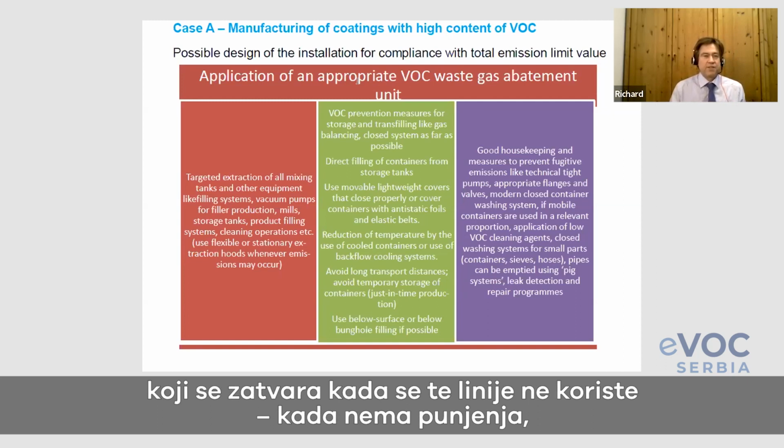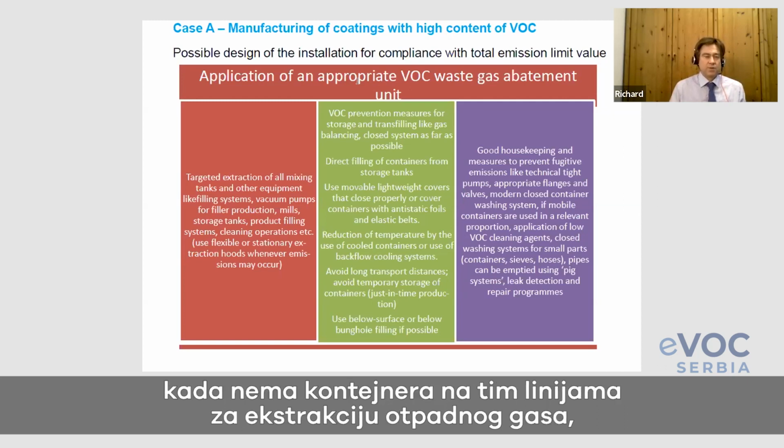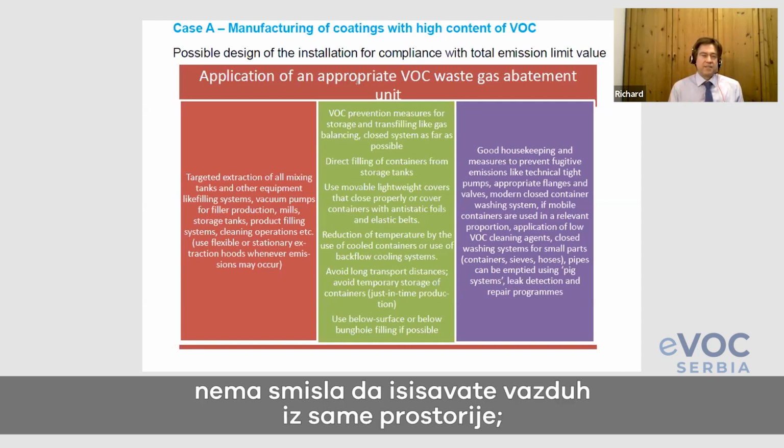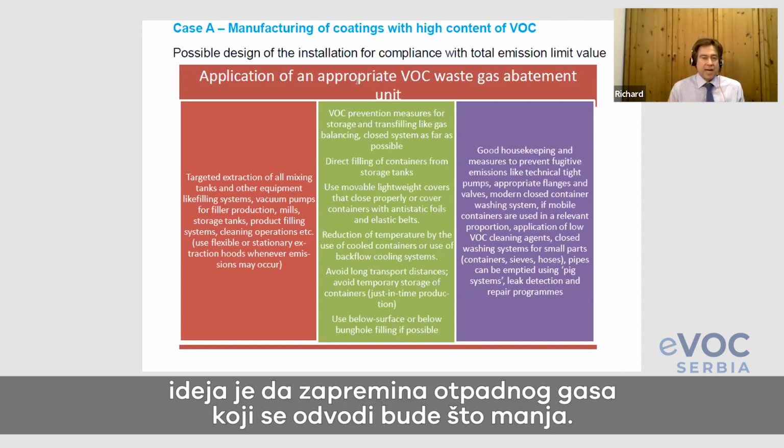In other words, when you have no fillings or you have no containers connected to that waste gas extraction line, it makes no sense if you extract air volumes from the working hall to that waste gas abatement. So the idea is keep that extracted waste gas volume as small as possible.